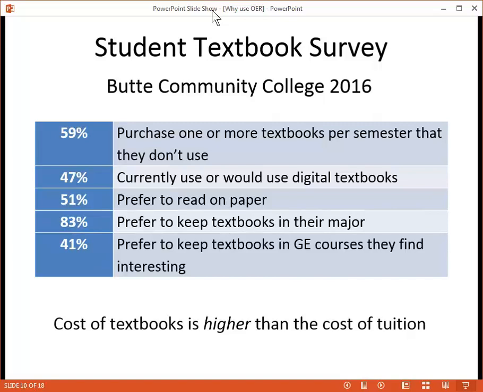So 47% of students say they do or would use digital books, and 51% say they would prefer to read on paper. And so that's a pretty big percentage that do want that low-cost paper option. And fortunately, with Open, you do have that option. As far as keeping the books, 83% say they prefer to keep books in their major, and 41% want to keep GE books even if they don't relate to their major.